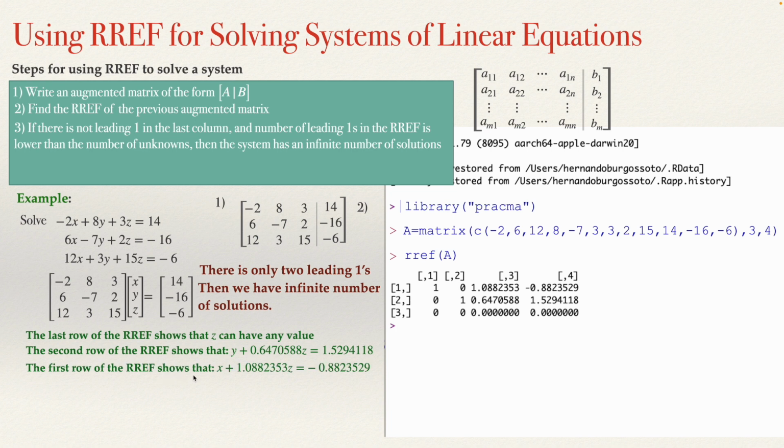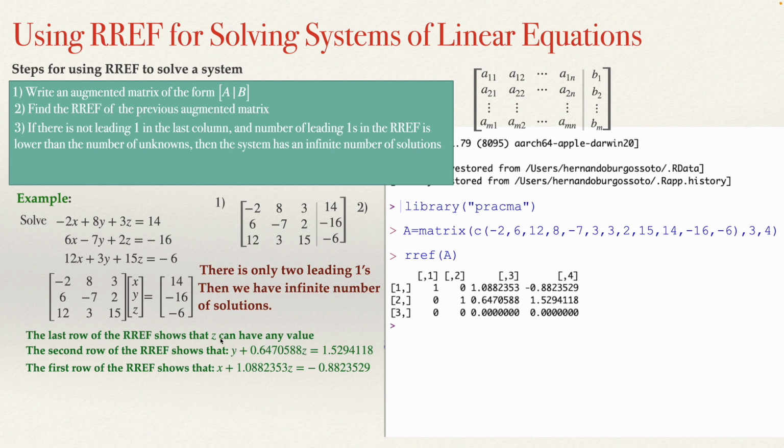So let's type this. The first row of the reduced row echelon form shows that x plus 1.0882353 z will be equal to minus 0.88235229. So the system has infinite solutions. z can have any value, and depending on the value that z has, that will be the value of y.